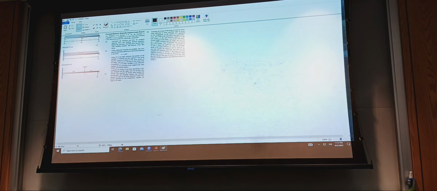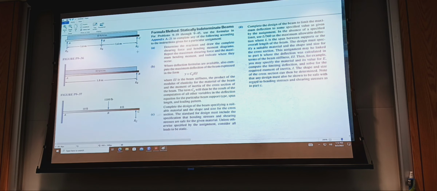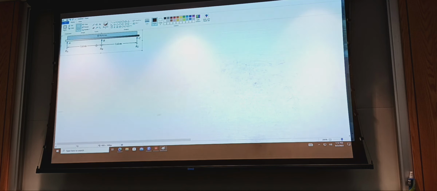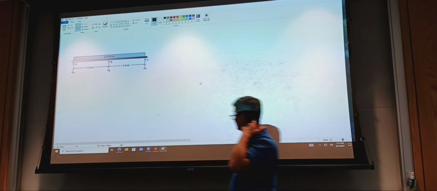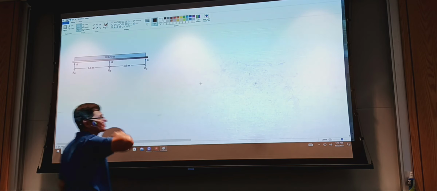Okay, so we have this continuous, I think it's called a continuous beam. So let me undo view and zoom. The first one here shows a beam with 3 supports, one right in the middle, and a distributed load.